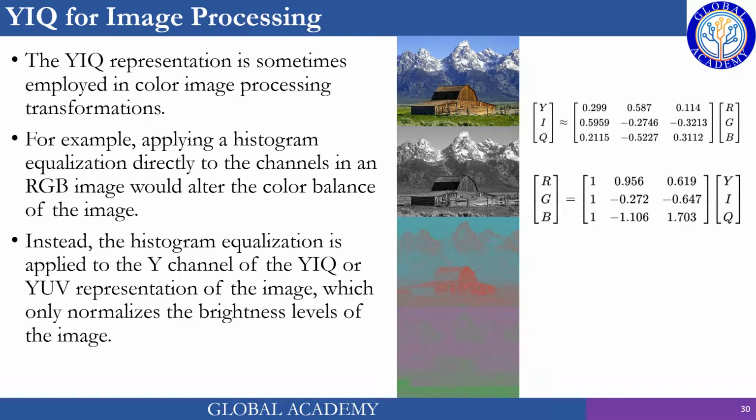So instead we use histogram equalization on just the Y channel of the YIQ components, which in fact only normalizes the brightness level of the image. So here we have the original image, and then its Y component, I component and Q component. You can see most of the information is in fact within the Y component.